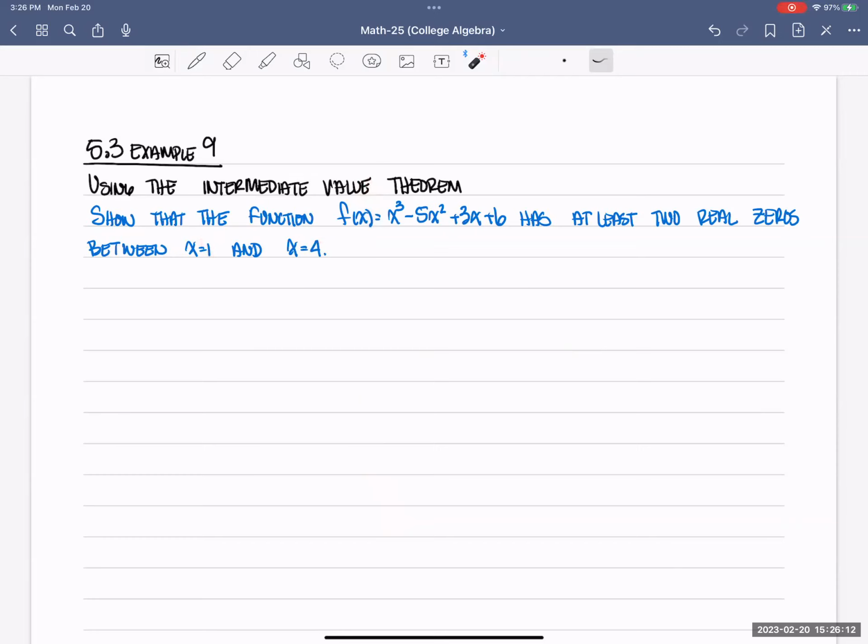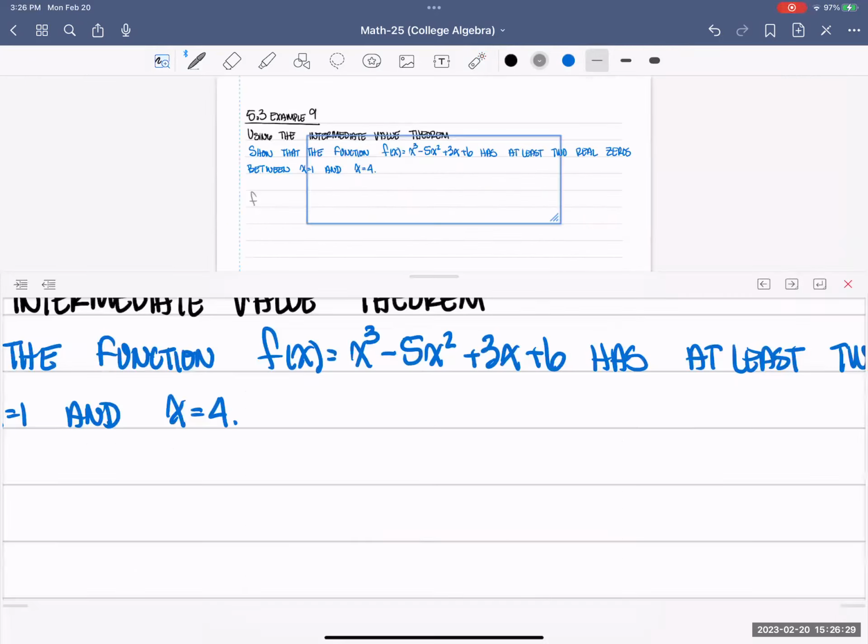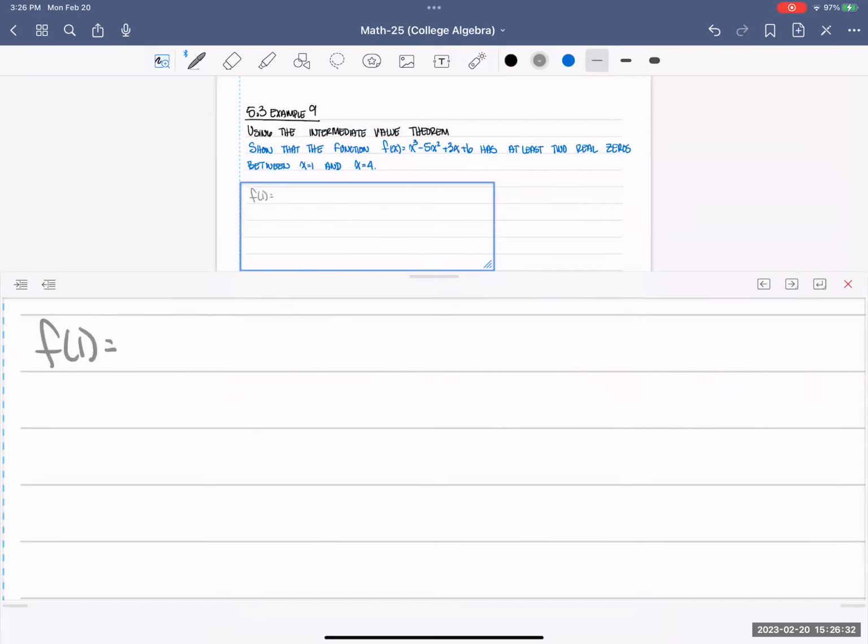They want us to show or prove that we have at least two real zeros between 1 and 4. Let's first start with evaluating our function at 1 and 4. So f of 1 is going to be 1 cubed minus 5 times 1 squared plus 3 times 1 plus 6.